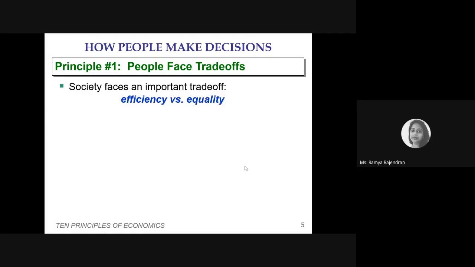Societies, companies, environments, everybody faces a trade-off between efficiency and equality. When you say efficiency, achieving your objective with minimum resources, with fewer resources, is called efficiency. For example, if I have to commute between Chennai and Coimbatore, I can go by car, by bus, or by flight, right?